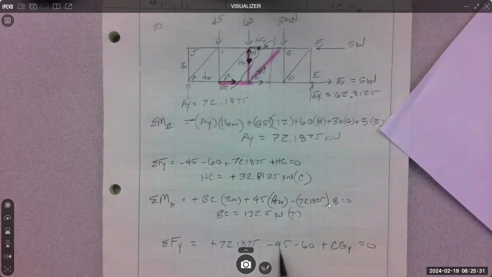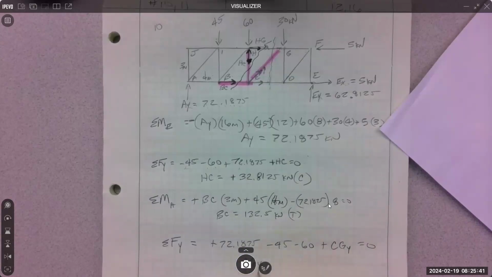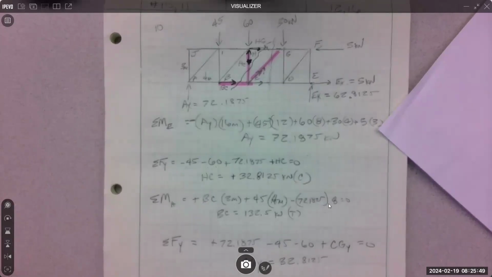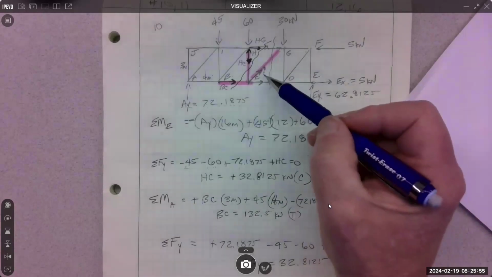So this becomes positive, goes to the other side, the 105. Looks like we're gonna be back to the 32.8125 number for CGY. Comes out positive, so this is the good direction.